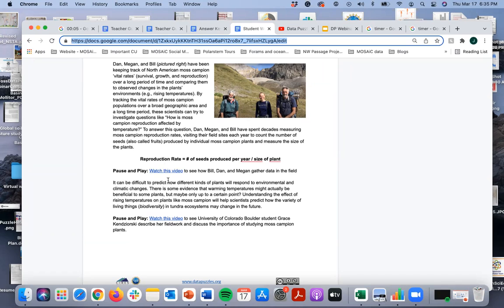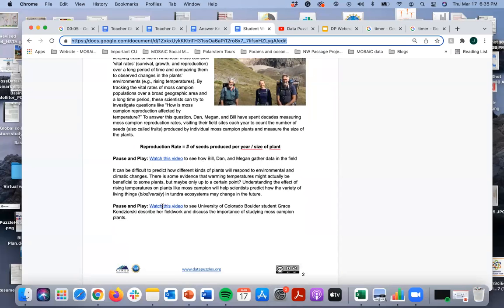We've got a couple different videos here. One takes you to a field site in Alaska, and Dan here shows you how he measures Moss campion for these different vital signs. Then another video here by a graduate student from the University of Colorado Boulder does similar work, but in Colorado.